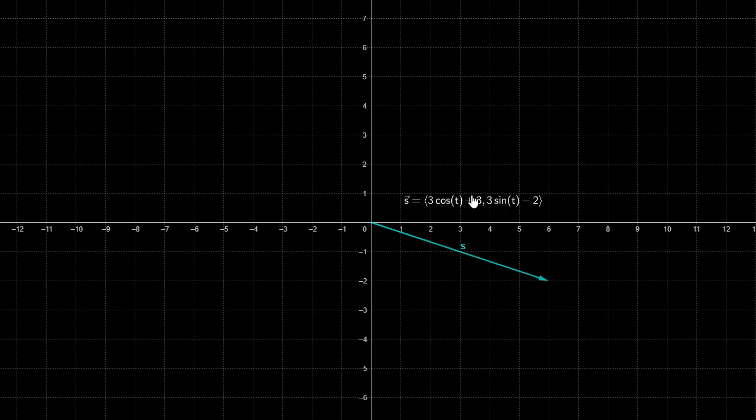If we want to change that starting position, we just throw in a plus x naught and plus y naught. Here, what I've done is put a +3 and a -2, and that is going to change the center from 0, 0 to 3, -2.